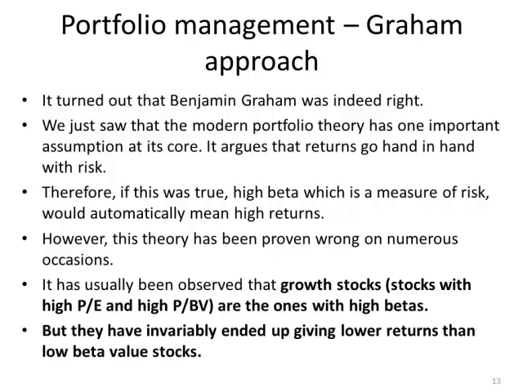But typically they have invariably ended up giving lower returns than low beta stocks, right? So according to the theory, MPT, we should find that growth stocks outperform because they have higher betas. They should earn higher returns over time. But in practice, this is not the case. In practice, we actually find that value stocks tend to do better than growth stocks.